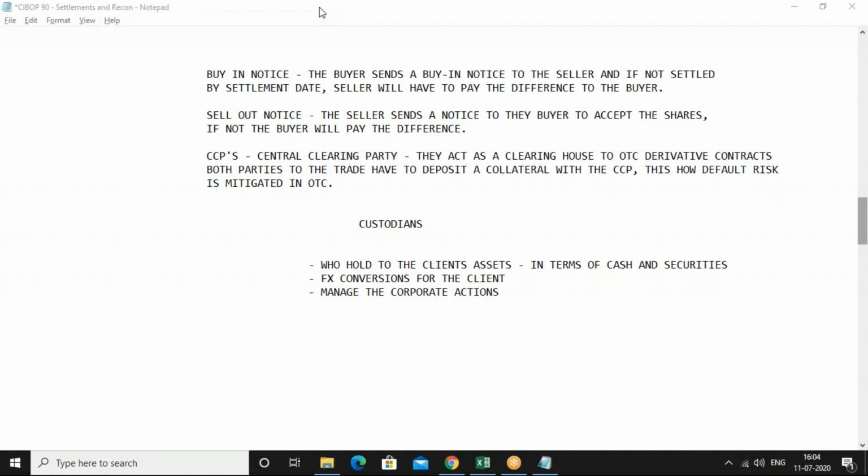We compare ledger with the statement. Comparing ledger with statement to know whether things went as planned and as directed.